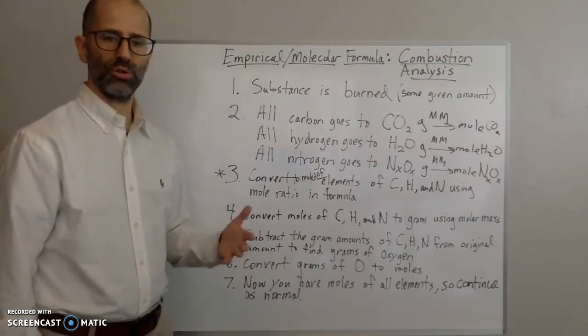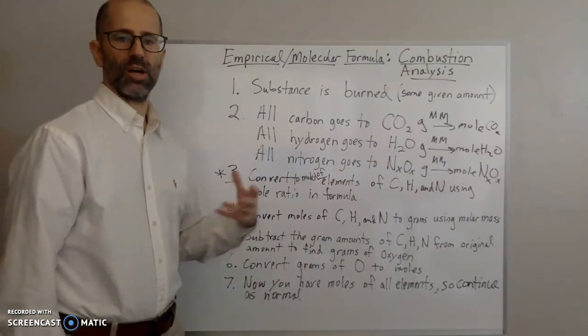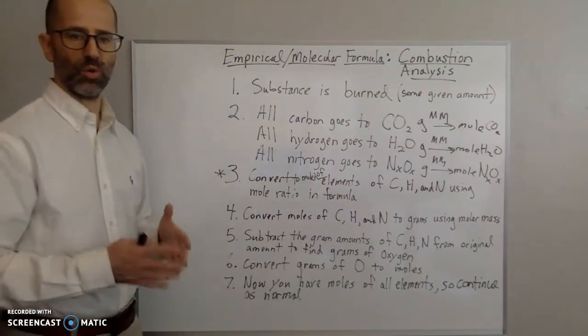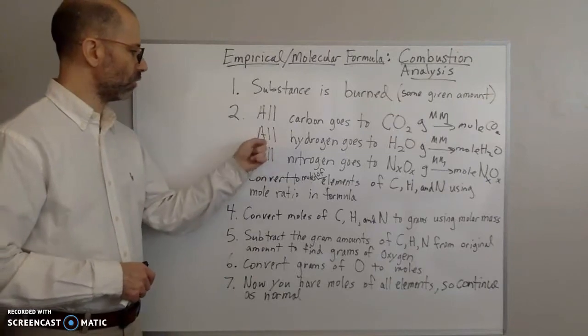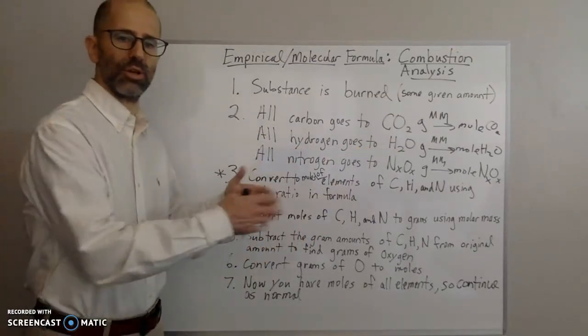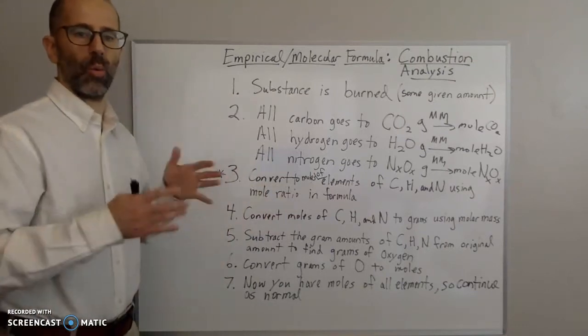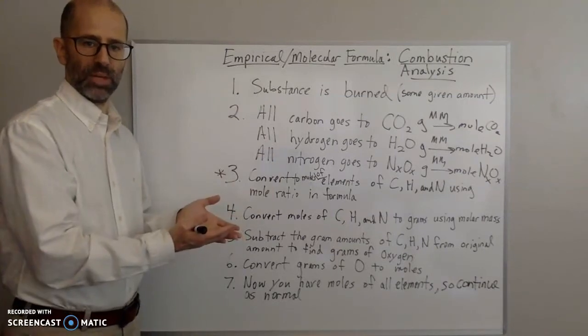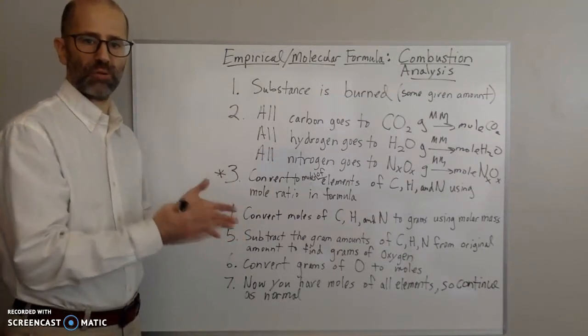And so you would use that to convert from the moles of water to moles of hydrogen, which is what you want, because remember, all of the hydrogen goes into the water, so you want to get to the moles of hydrogen. Once you get to the moles of hydrogen, you want to box that number, because you're going to use that in your empirical formula, right?